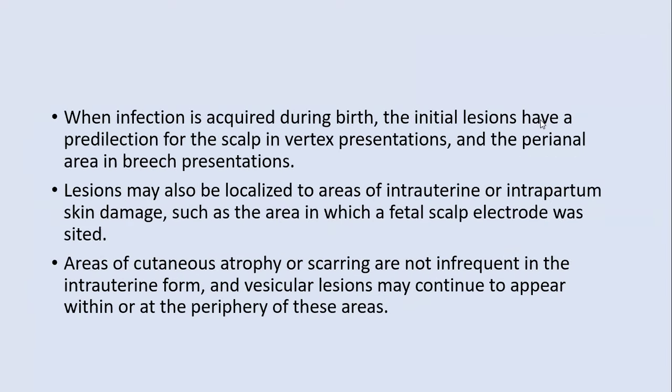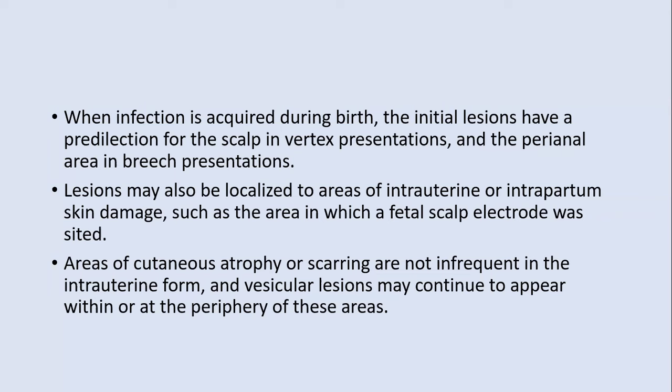When infection is acquired during birth, the initial lesions have a predilection for the scalp and face with vertex presentation and the perianal area in case of breech presentation. It is also localized to areas of intrauterine or intrapartum skin damage, such as areas of the fetal scalp electrodes or forceps if applied.